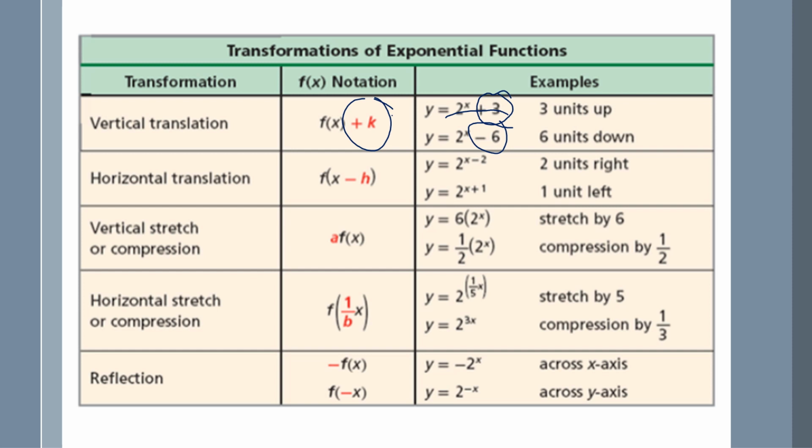So what if I have this situation where the number is next to the x, like here? I'll start highlighting this. So here, because it's negative, it's going to go right, it's going to go the opposite direction.